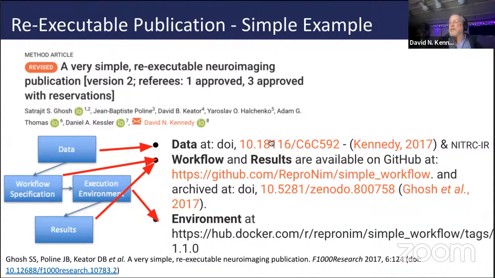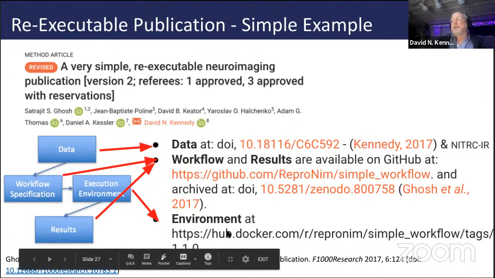And so the data is a data set which is identifiable and machine readable and machine accessible. The workflow and the results are in a GitHub repo that's been archived into a specific DOI through Zenodo. And the execution environment is a particular container that lives at Docker Hub.